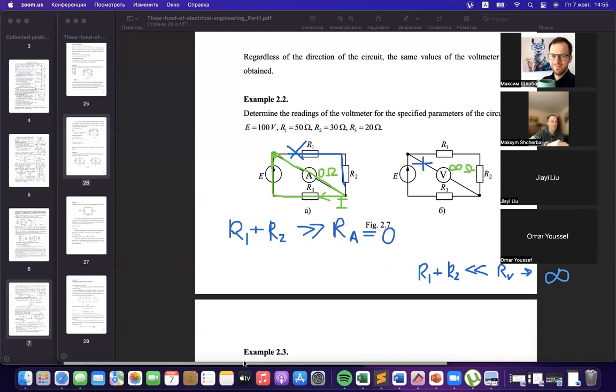And that is why all current will flow in the external mesh, as you see here.